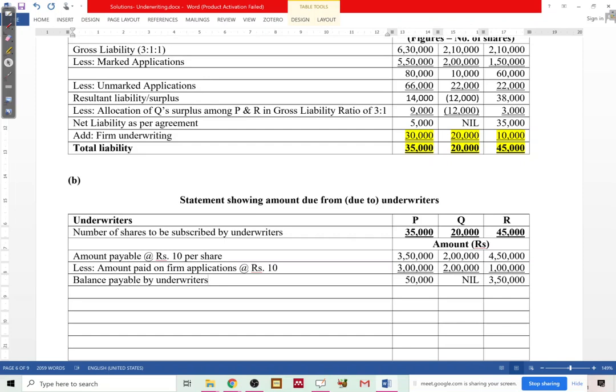Okay. Now, time to calculate what is the underwriting commission that is to be paid to each one of them. So for that, what should we do? Let's write again, less underwriting commission at the rate.